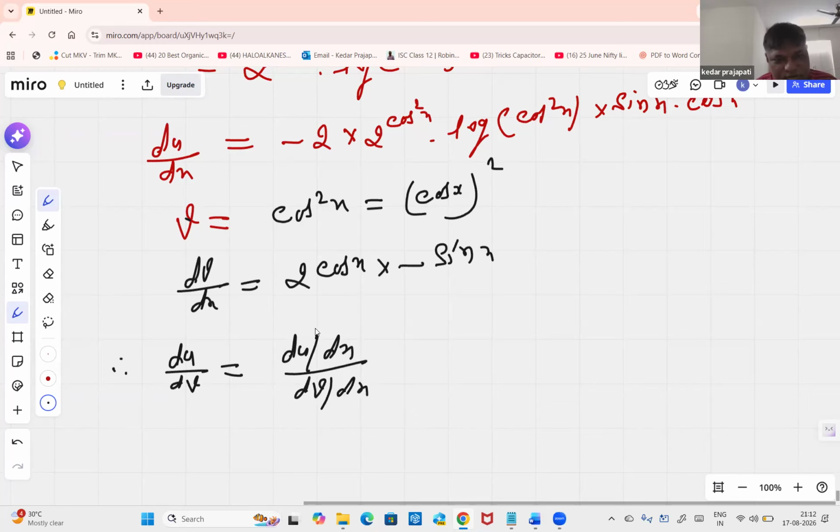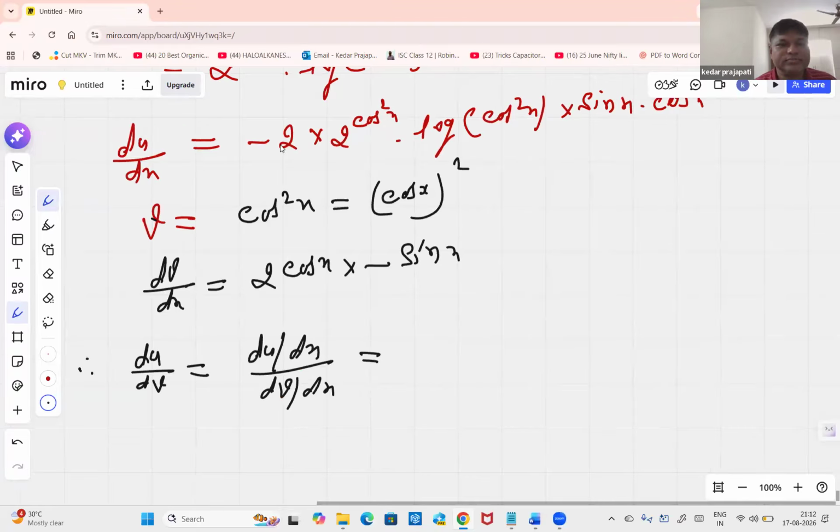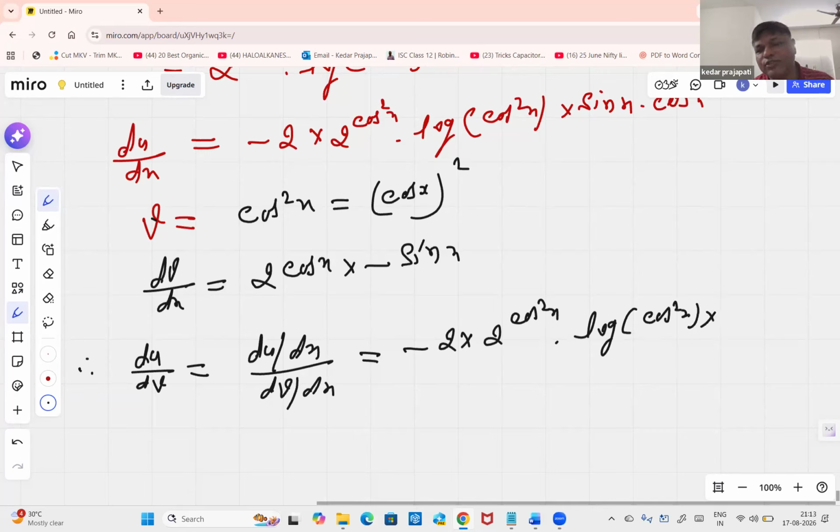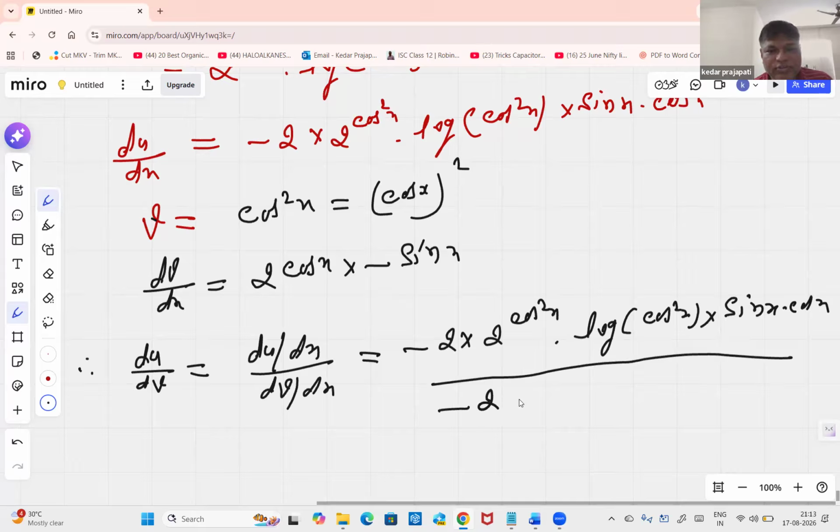See, this dx will cancel, it will be du by dx. Just divide this: minus 2 into 2 to the power cos square x into log 2 into sin x cos x, divided by minus 2 sin x cos x.